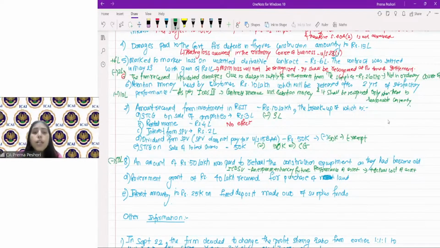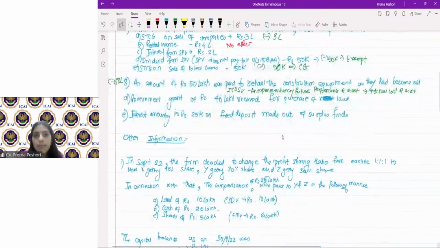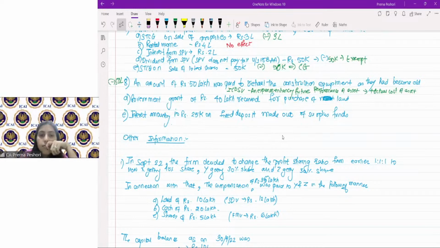Government grant of rupees 40 lakh received for purchase of land. What will happen in this case?